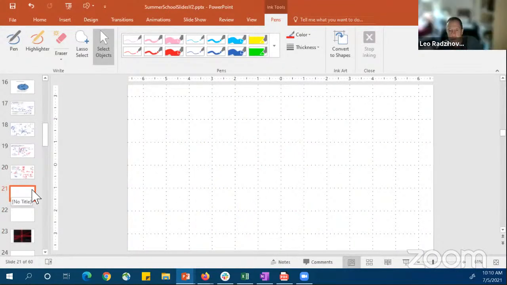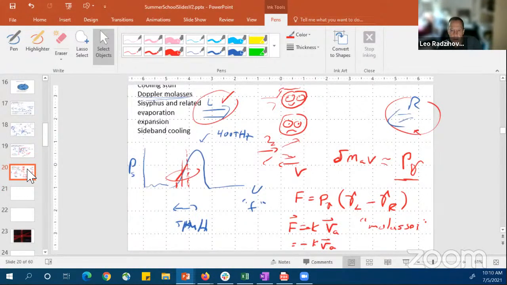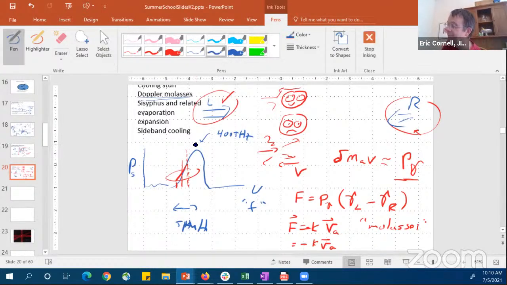Eric, where's the detuning in that formula? The detuning is, this is the peak of the resonance. And this is where the laser is set. So the detuning here, delta, it's important that the laser is detuned red.